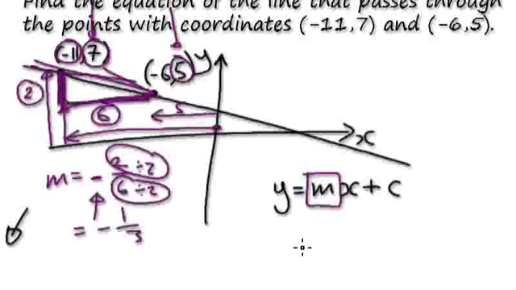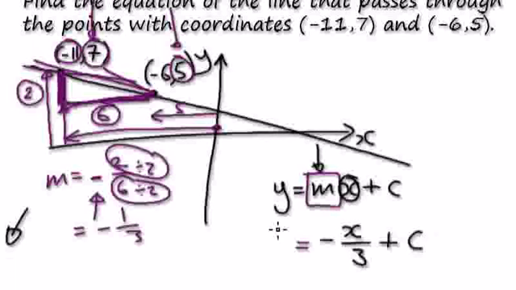Let's put that into the m. It would be minus x over 3, because x times a fraction gets multiplied to the top. So it will be 1 times x, which is x, and then plus c.